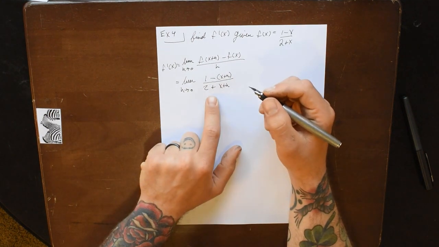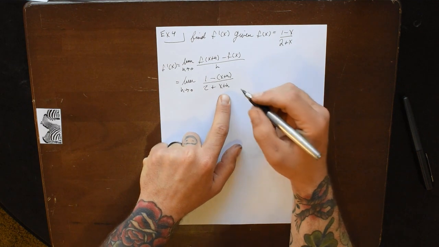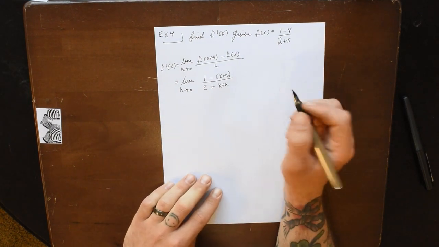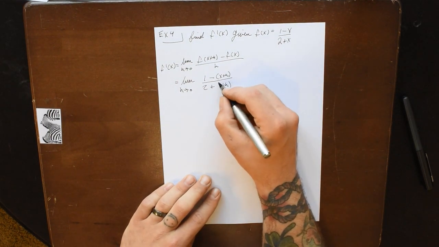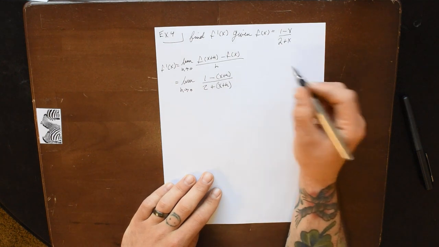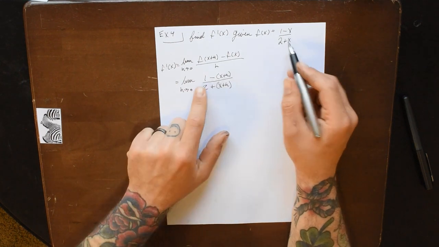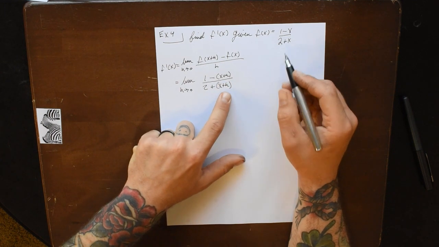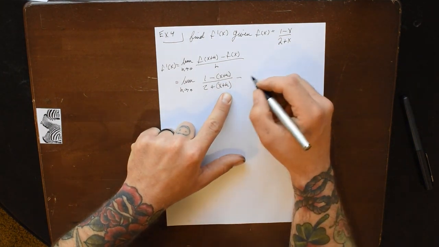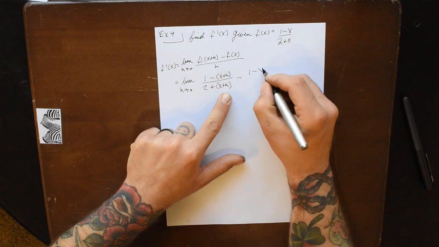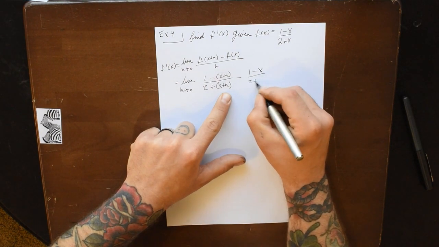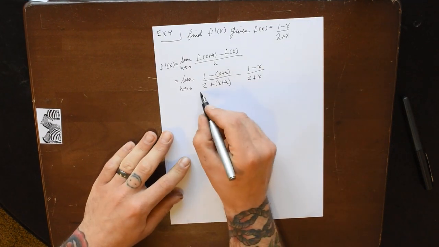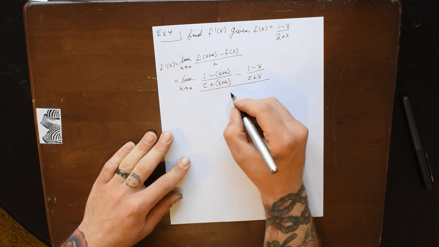I didn't put parentheses because we don't have to distribute anything here. It probably wouldn't hurt just for grouping. So we did 1 minus x plus h over 2 plus x plus h minus f of x, which is 1 minus x over 2 plus x, all divided by h.